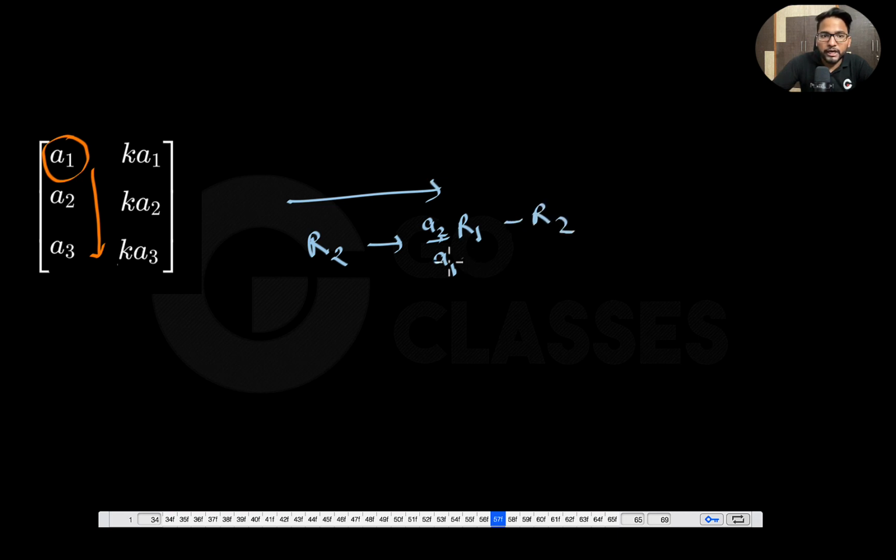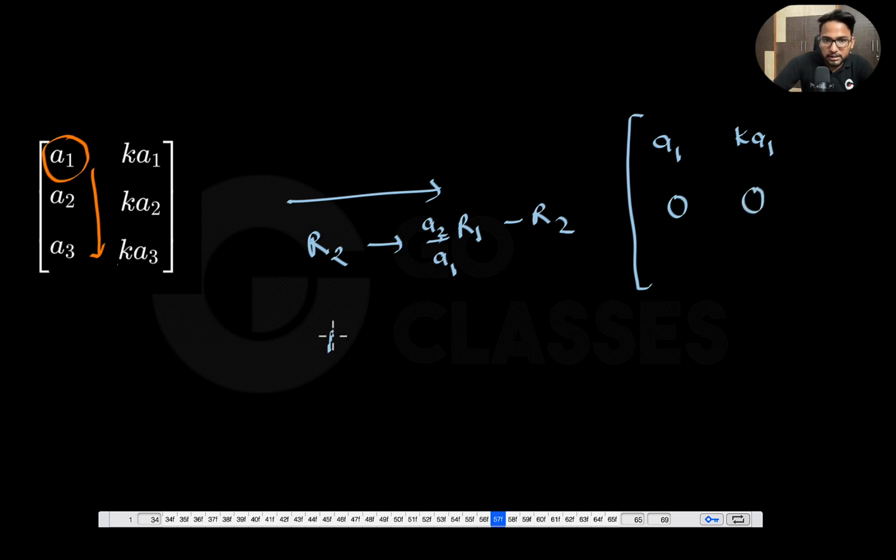If you do that, then you can replace the R2 by this. So it will be A1, K A1, and if you do this operation, A2 upon A1 into R1 makes it A2, then A2 minus A2 will be 0. A2 upon A1 into R1 will make this number K A2, and then K A2 minus K A2 is actually 0.